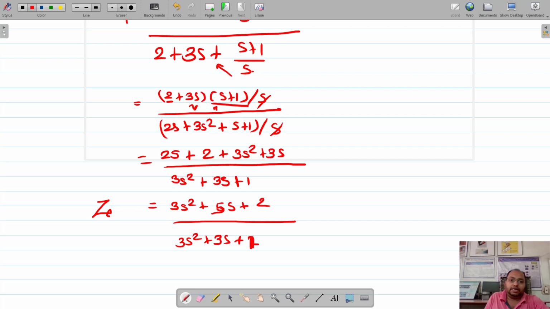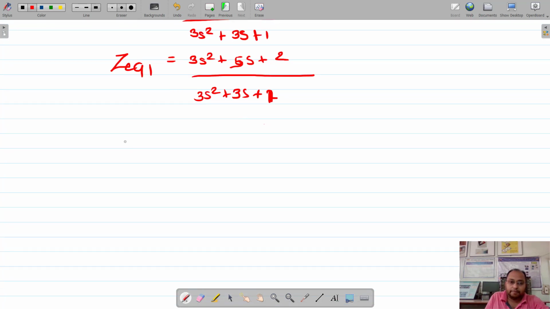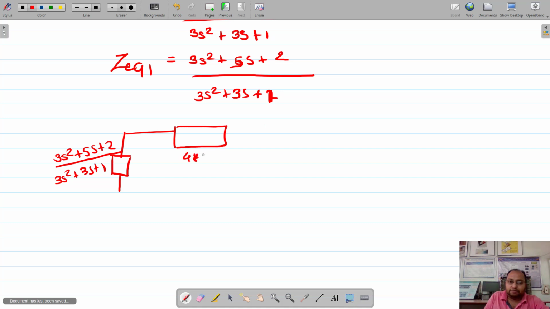So this is your z equivalent 1, right? Yes. Okay, now let us go for drawing the circuit diagram. So this will be your z equivalent 1, and that is nothing but 3s square plus 5s plus 2 divided by 3s square plus 3s plus 1, and that is in series with this 4s plus 1 divided by 2s.